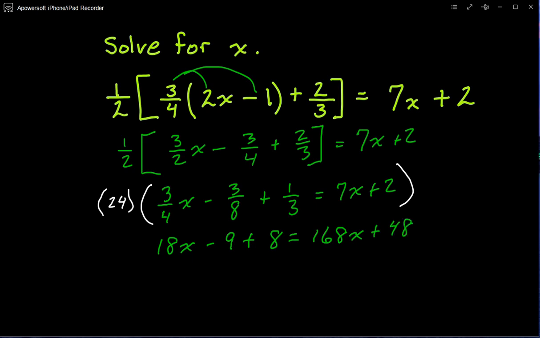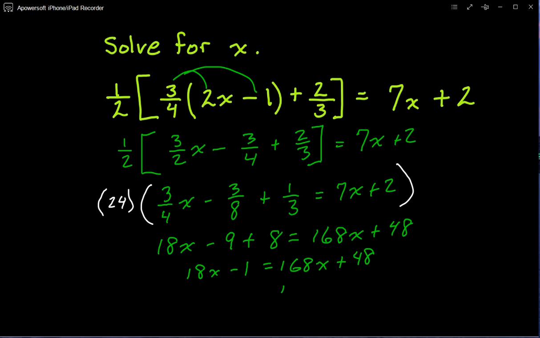We're now going to combine like terms. The negative 9 and the plus 8 becomes a minus 1. And we're going to move the 18x over to the right side.